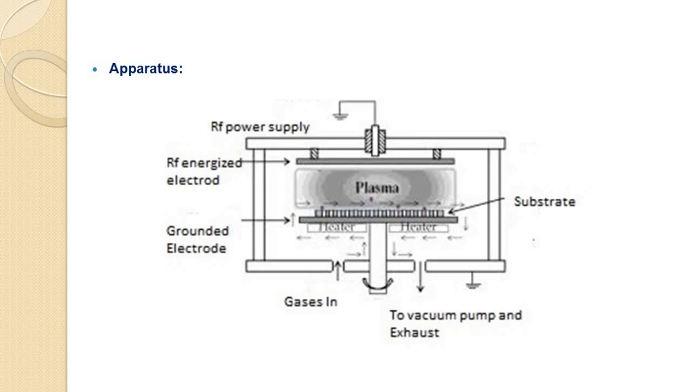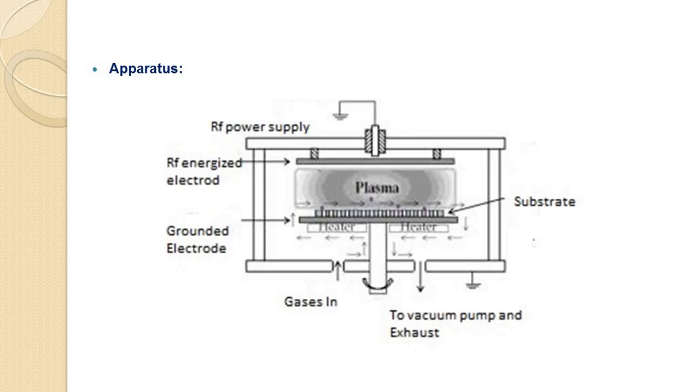Plasmas with low fractional ionization are of great interest for materials processing because electrons are so light compared to atoms and molecules that energy exchange between the electrons and neutral gas is very inefficient. Therefore, the electrons can be maintained at very high equivalent temperatures, tens of thousands of kelvins, equivalent to several electron volts average energy, while the neutral atoms remain at the ambient temperature.